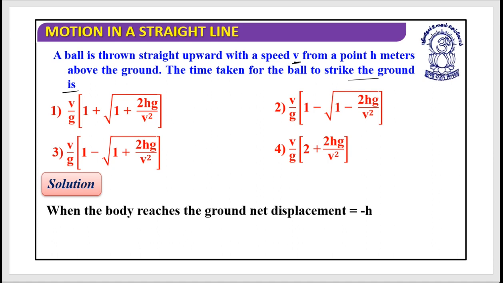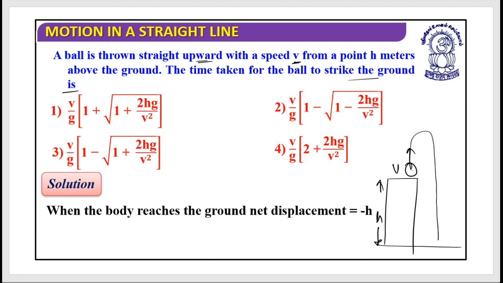Now what they have provided is that, let's say this is a certain height h, and they have thrown this ball in the vertically upward direction from this height h with speed v. They require the time taken by the ball to strike the ground. That means this should be the motion, and this time is required. So how can you do this?